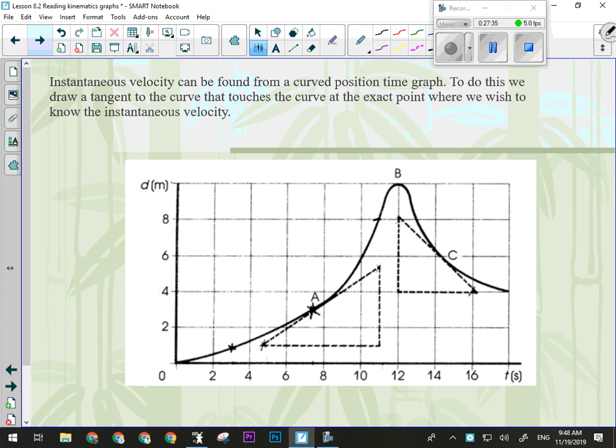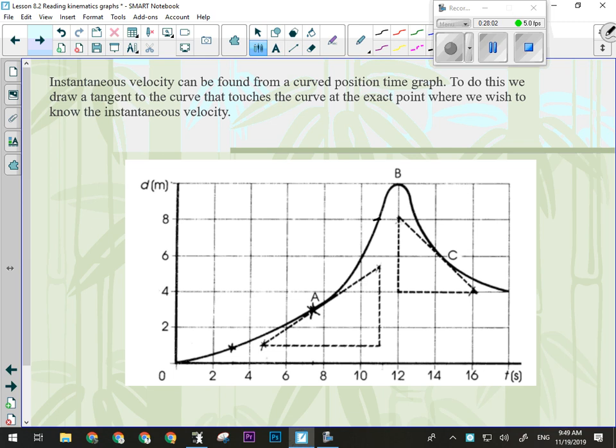Exactly. It's starting to slow down. How do I know it's slowing down? The curve goes the other way. In other words, the line becomes less and less steep. It gets flatter. Here the line gets steeper. In part A, the line is getting steeper, which means we're going faster. But in part B, we see the line flattening, and then we see the object going backwards.